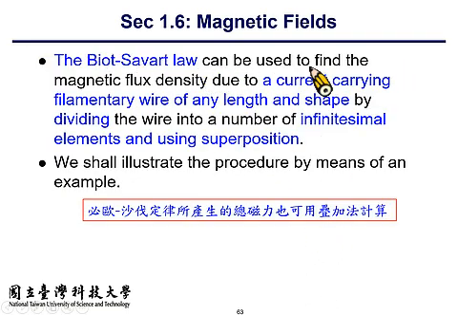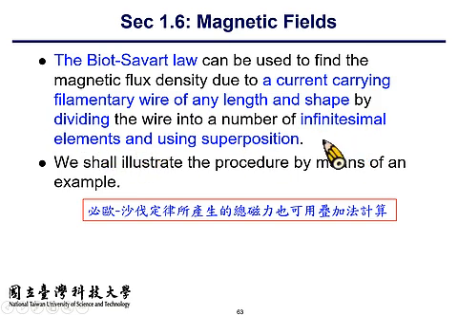So the Biot-Savart law can be used to find magnetic flux density due to a current carrying filamentary wire. What is a filamentary wire? 就是很细很薄的一条线啦，也就是没有厚度啦。Of any length and shape, by dividing the wire into a number of infinitesimal elements and using the superposition.